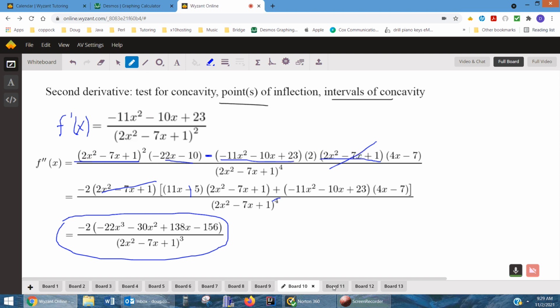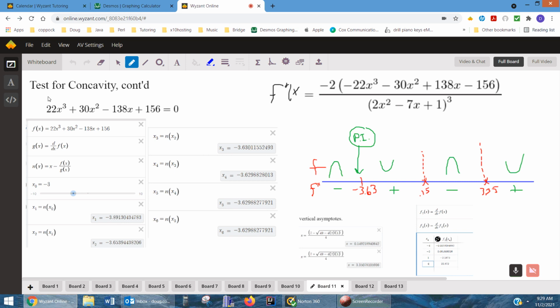Okay, now, when does the second derivative equal 0? That's going to be the test for concavity. Here was the second derivative. When does the numerator equal 0? Well, here. Now what I did here in this table is use Newton's method to determine the root of this polynomial, the numerator of the second derivative, and it turns out it's about negative 3.63.